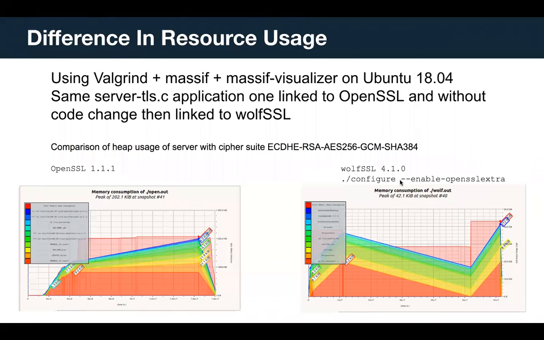Each of these examples was with the default builds. wolfSSL also has some optimizations that can be set for reducing the amount of resources even more, getting the heap usage for the same cipher suite down to around 22 kilobytes. And both of these were with migration.c, the example TLS server that I showed in the previous two slides, just linking against OpenSSL versus linking against wolfSSL.